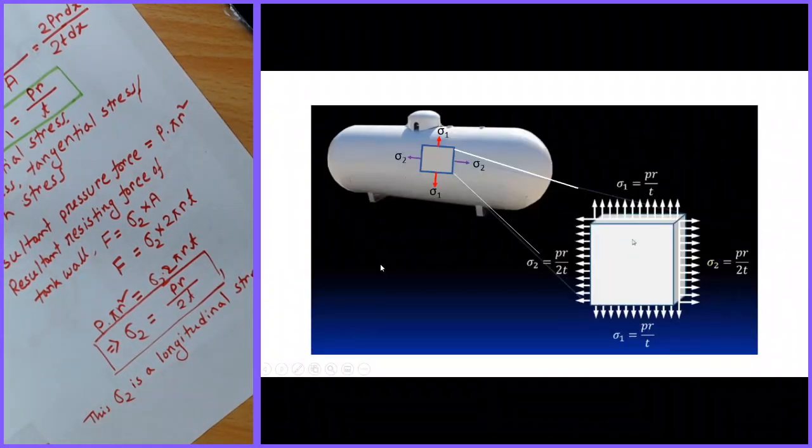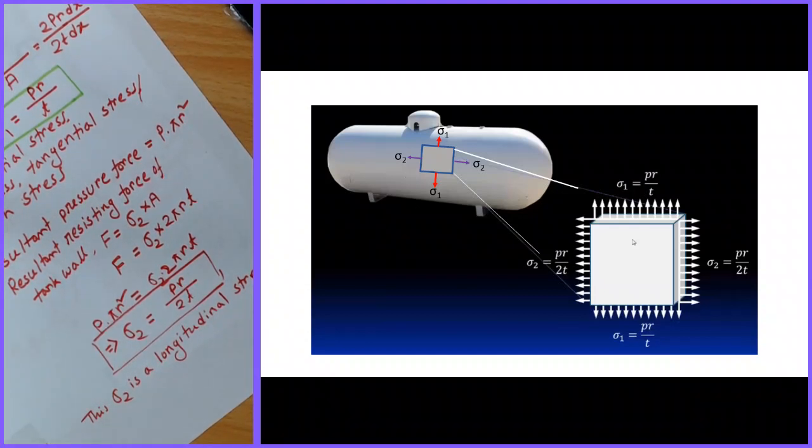Now, if this is an element on this cylinder, the sigma 1 acts on the circumference and sigma 2 acts on the longitudinal axis of this cylinder. If you zoom in on this element, as you see, sigma 1 is acting in the transverse direction and sigma 2 is acting in the longitudinal direction.